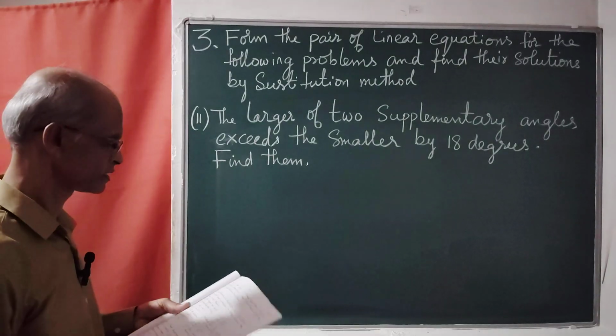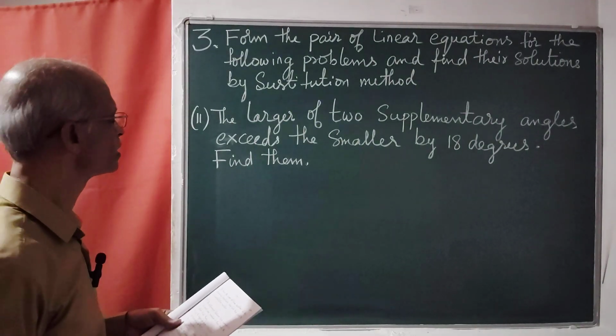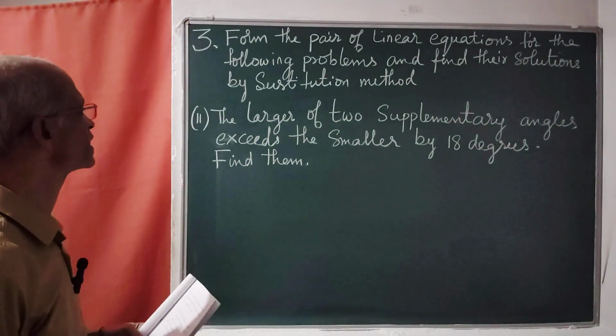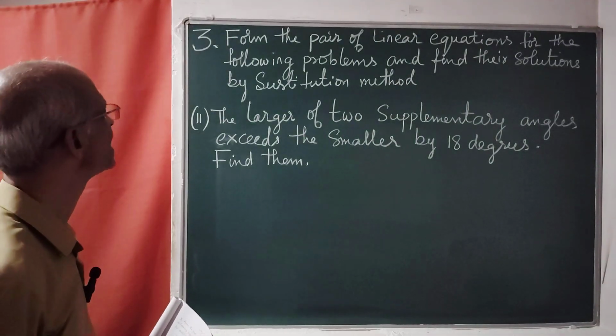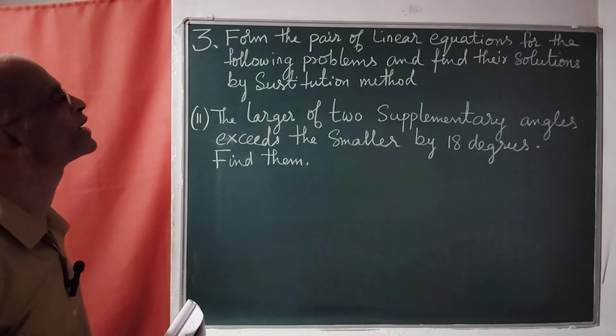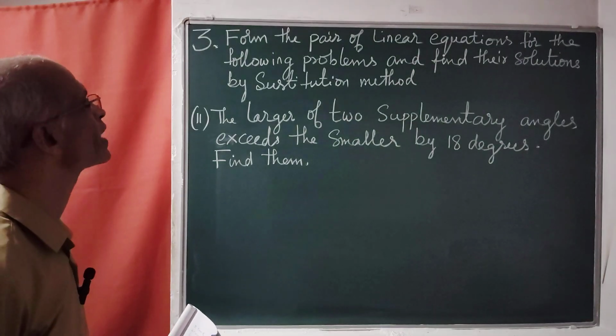The question says the larger of two supplementary angles exceeds the smaller by 18 degrees. Find them.